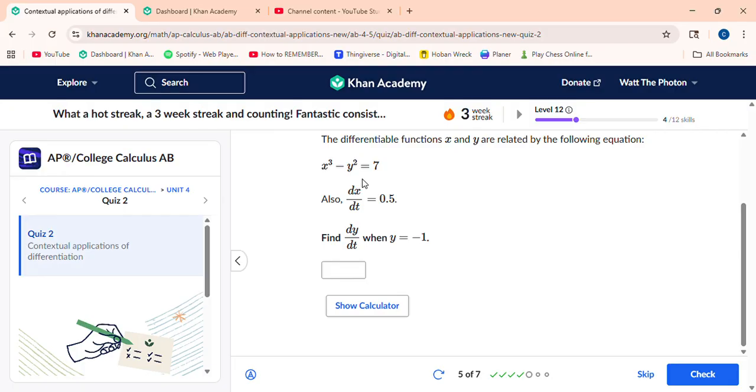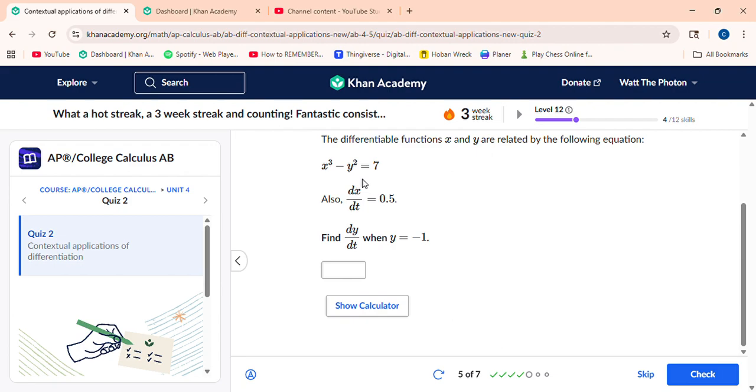So that can put us in our next equation. So we get dx/dt times 3 times 2 squared minus 2, and then y is equal to negative 1. dy/dt equals 0.